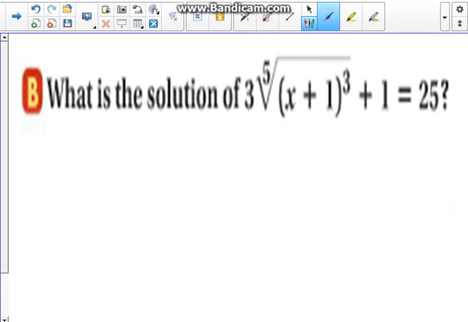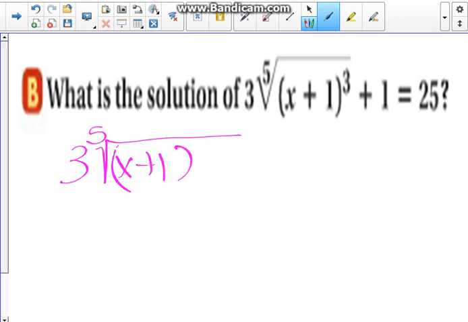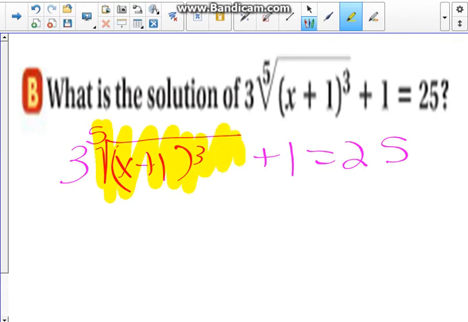Okay, so for our next problem, like number 2, it says what is the solution of 3 times the 5th root of x plus 1 cubed plus 1 equal 25. So we see that our most complex thing here is this guy right there.